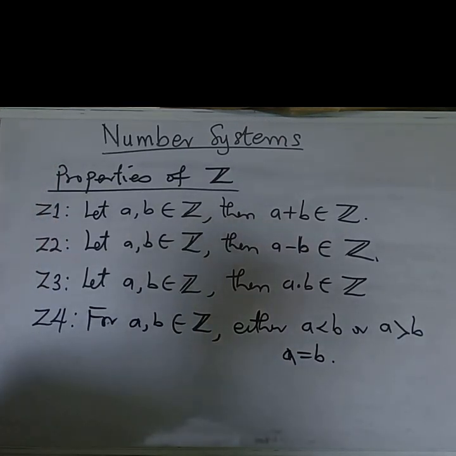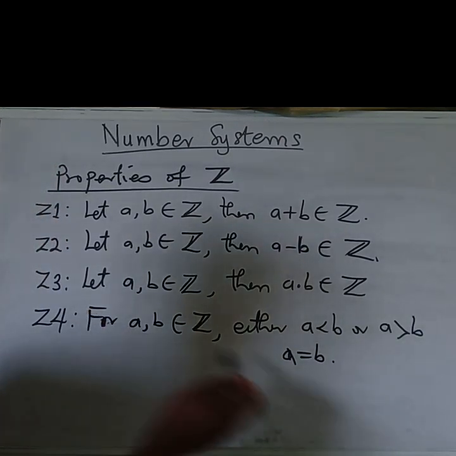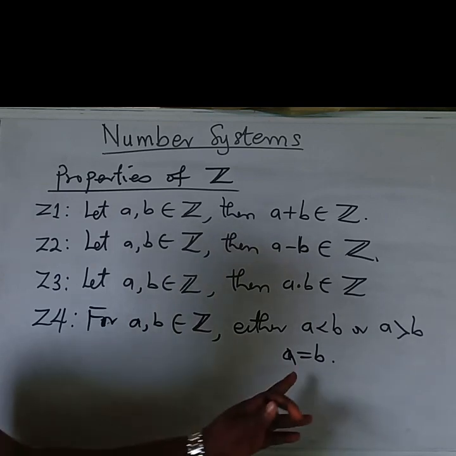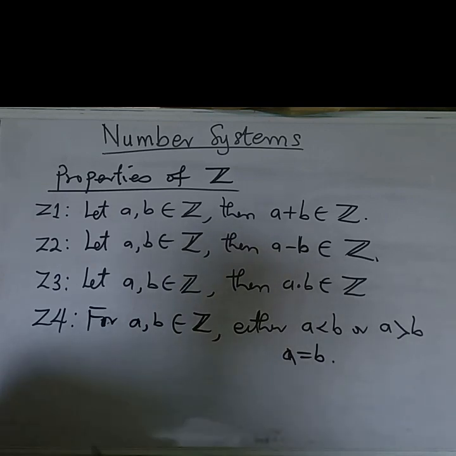Since the selection has to be random, there is a possibility that the two numbers are the same. So these are the 4 basic properties of the integer numbers.